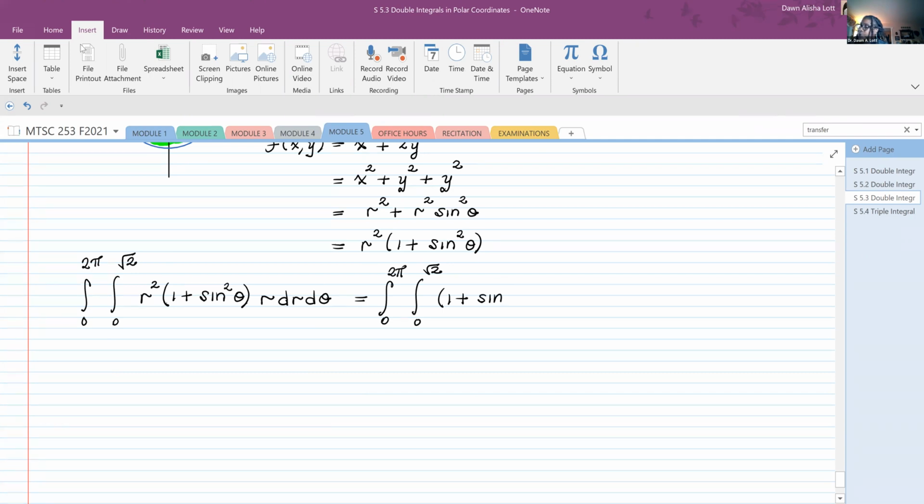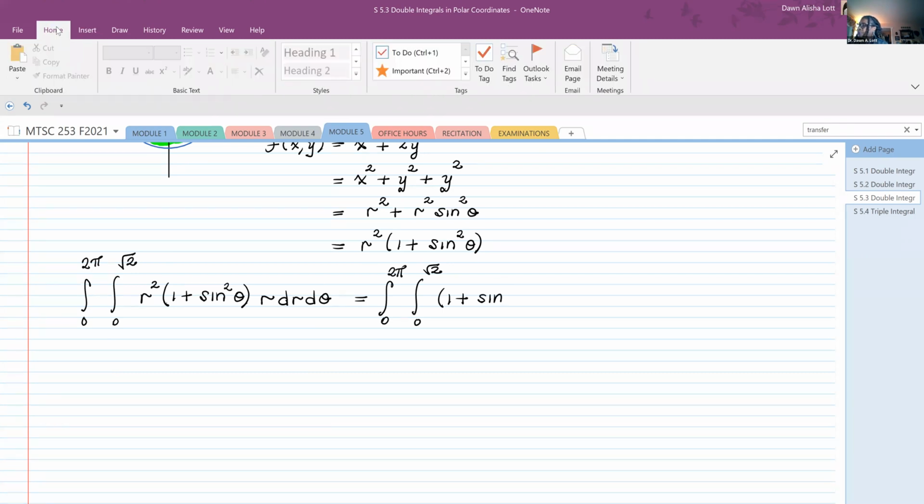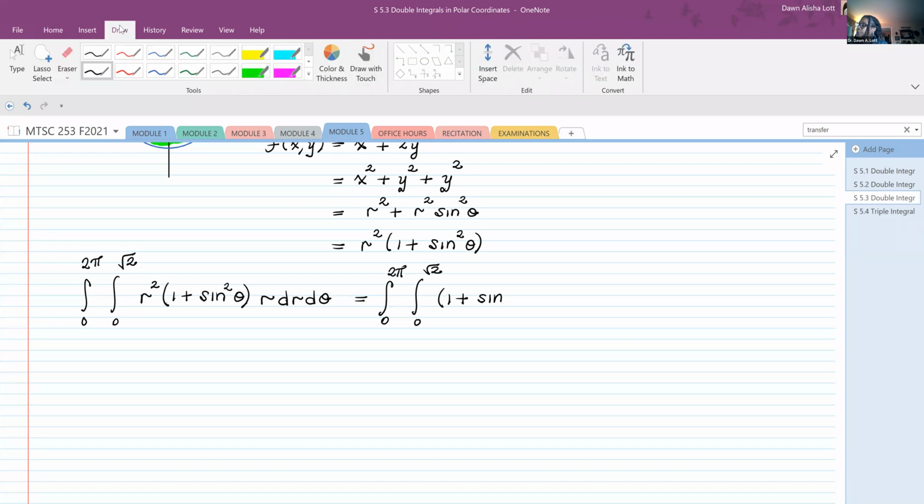I can actually move that out. d theta, and the integral from 0 to the square root of 2 of r cubed dr.